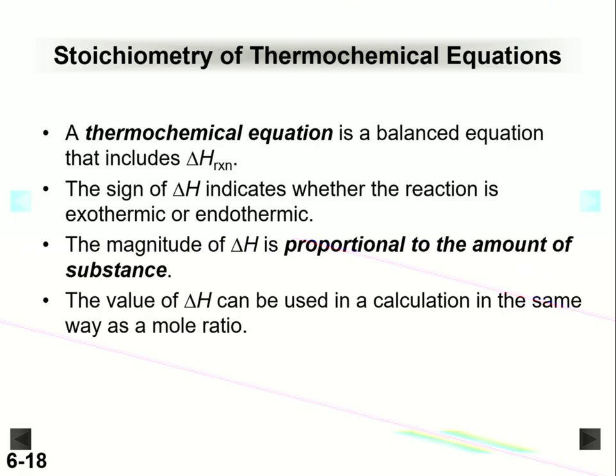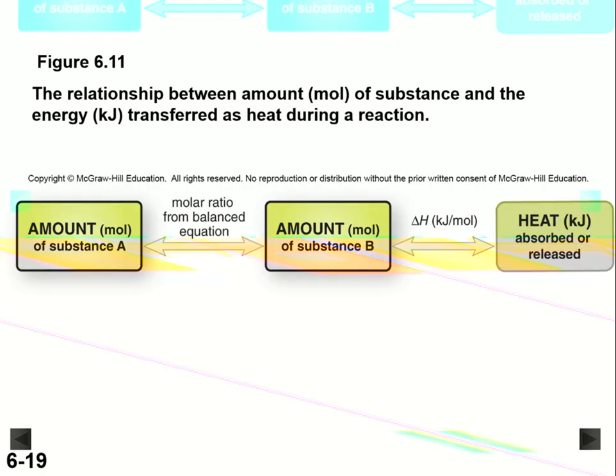If delta H is negative for the process, it's an exothermic process. If delta H is positive, it's an endothermic process. The magnitude or the size of delta H is proportional to the amount of substance, and it tells us how much total heat flows in this. The value of delta H can be used in calculation.